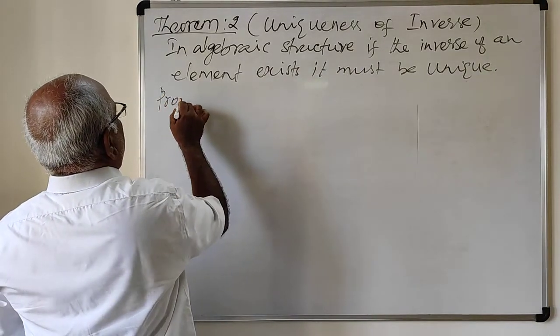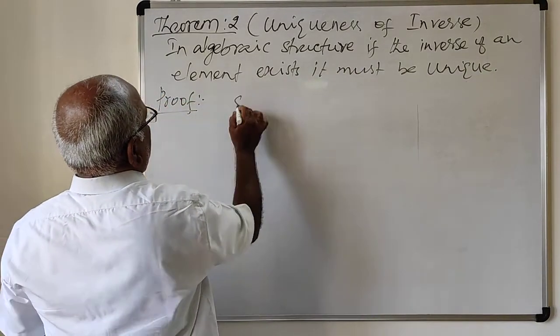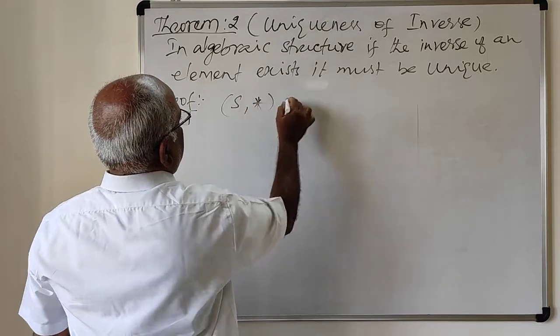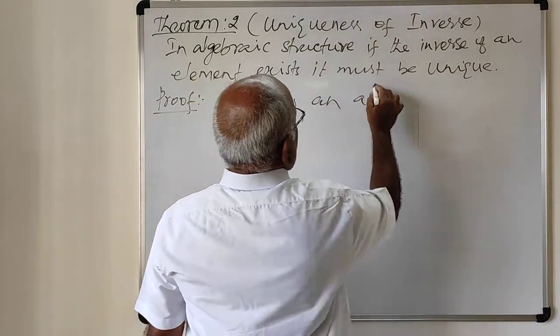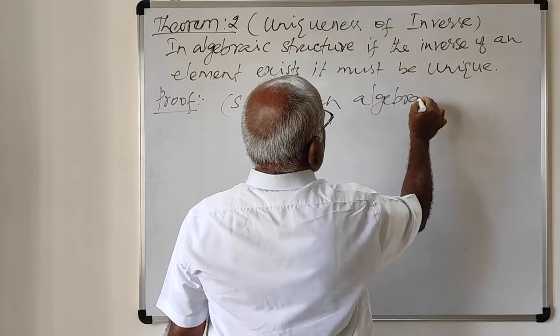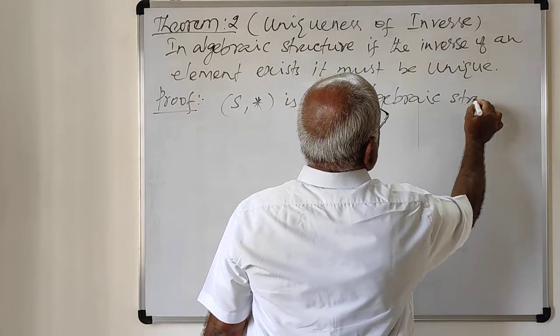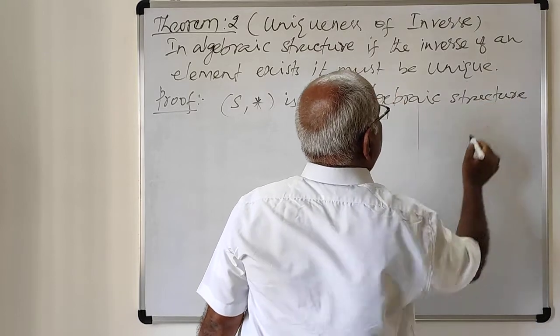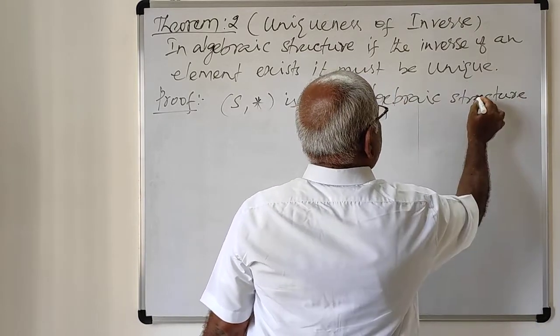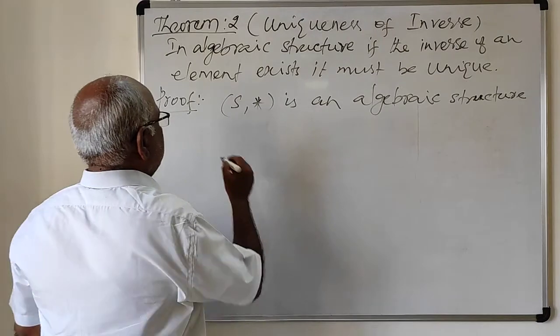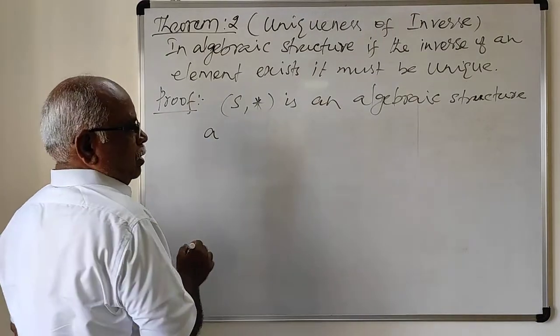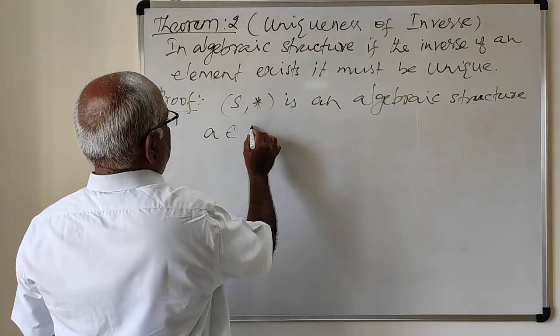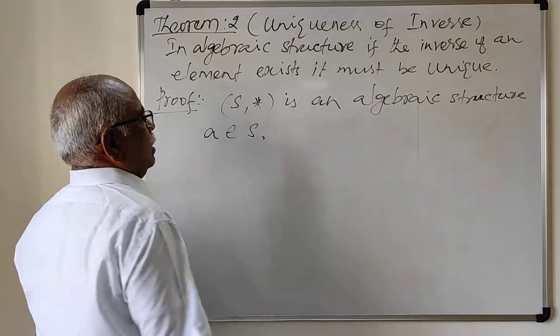Proof. (S, star) is an algebraic structure in which A is an element belonging to the set S.